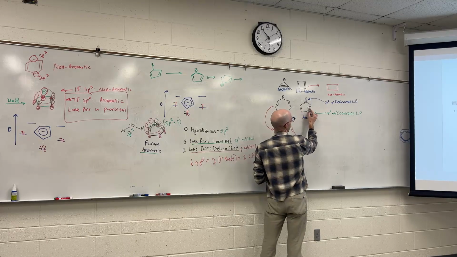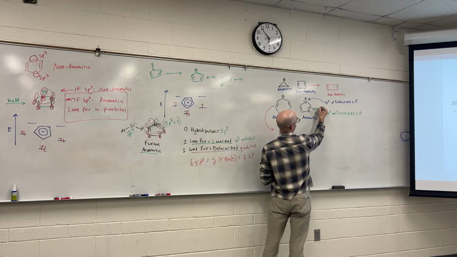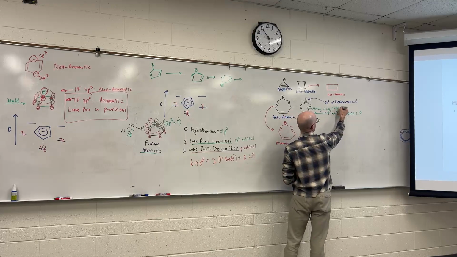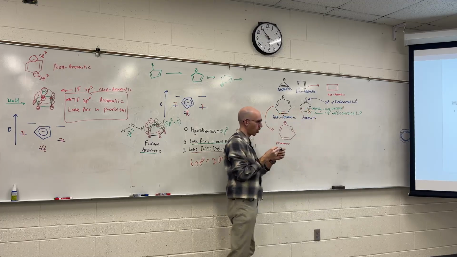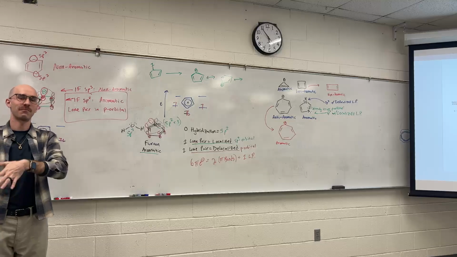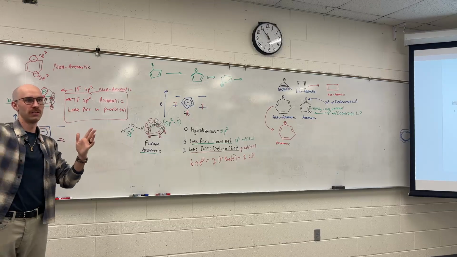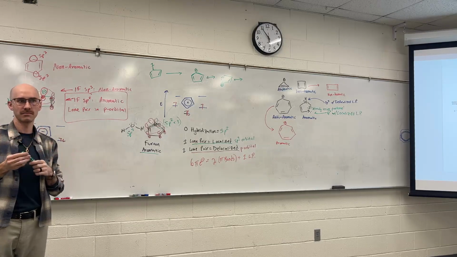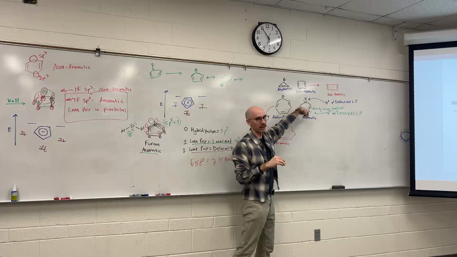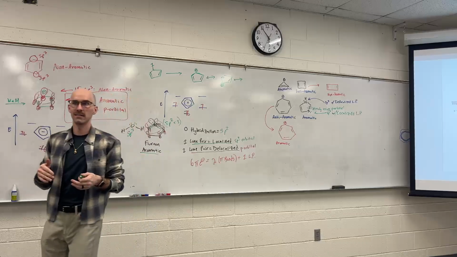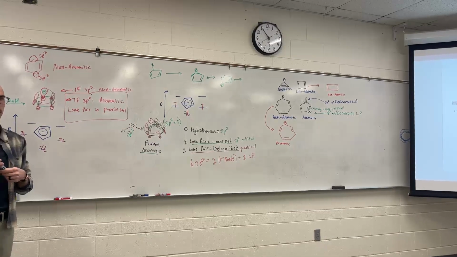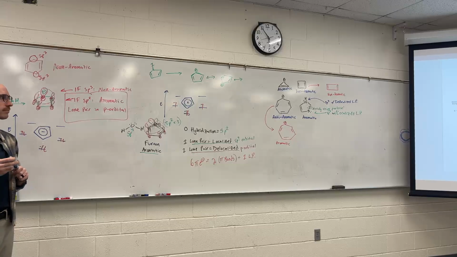If this nitrogen is already pi bonded, if it's already using its p orbital, then it can't put its lone pair in a p orbital to conjugate with the pi system. Its p orbital is already busy bonding to carbon. So it can't put anything else in a p orbital. Okay? All right.